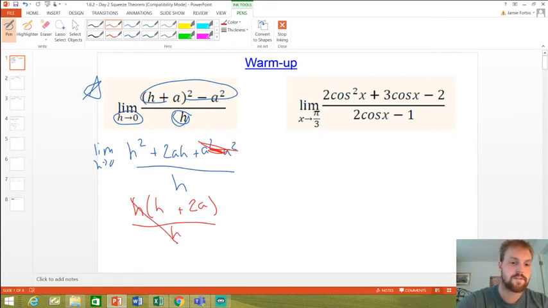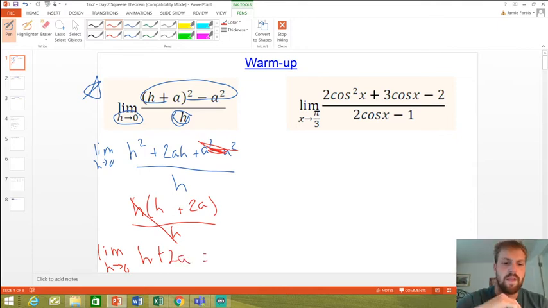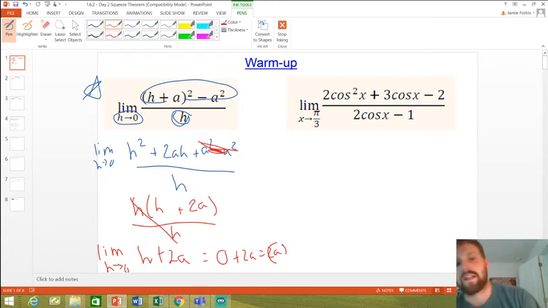I apologize. And the h's cancel, so I'm left with the limit as h approaches 0 of h plus 2a. If I plug 0 into that, I get 0 plus 2a, and my final answer is 2a. So that limit as h approaches 0 simplifies down to 2a, whatever a value is.